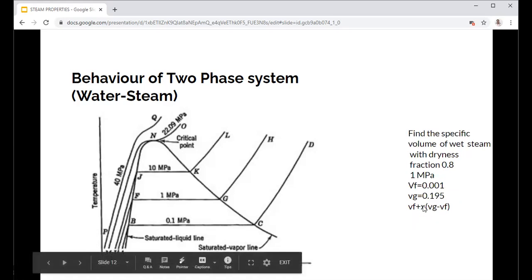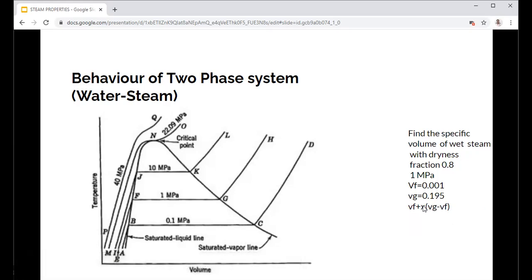Okay, so at 1 megapascal, the Vf is 0.001 and Vg is 0.195. And you just use this expression as Vf plus x into (Vg minus Vf), because in wet steam, Vg is 0.195, Vf is 0.001, into 0.8 plus Vf, 0.001, and we'll get the specific volume of wet steam.